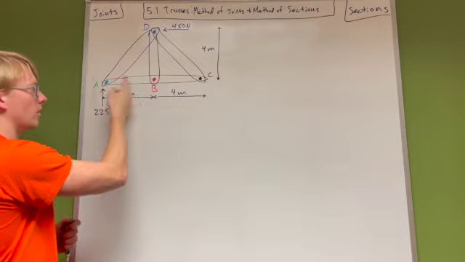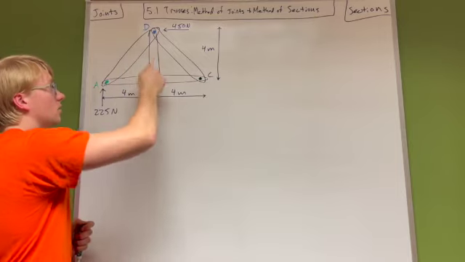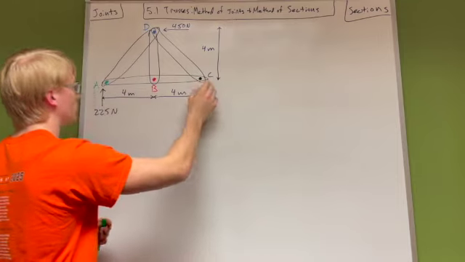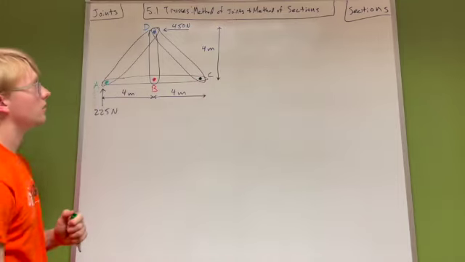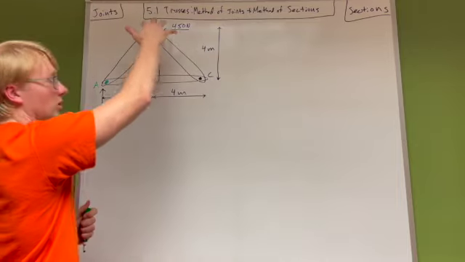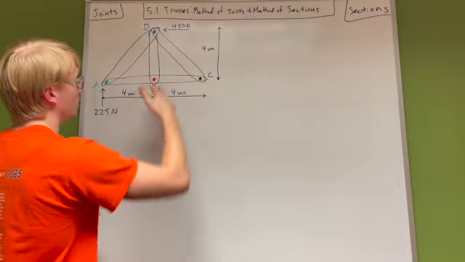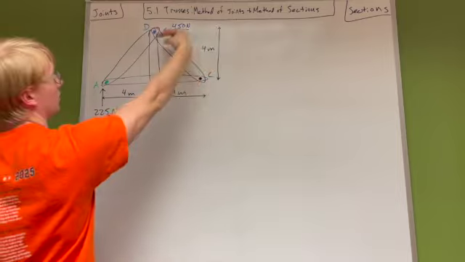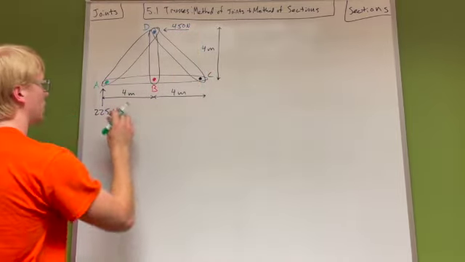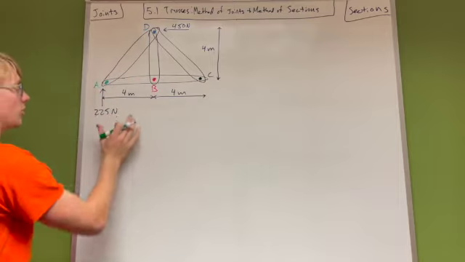We don't know anything about AB, BC, or BD. C, there's 2 unknowns, no knowns. D, there's a lot of stuff going on with D. There's 3 unknowns and there's 1 known.